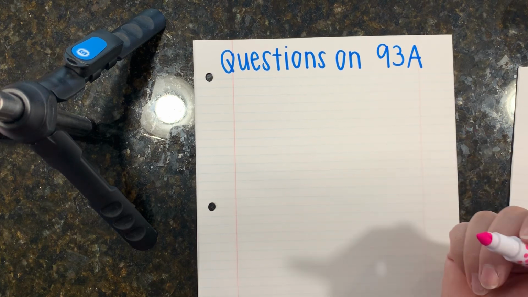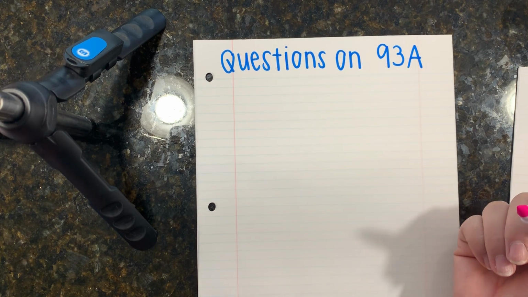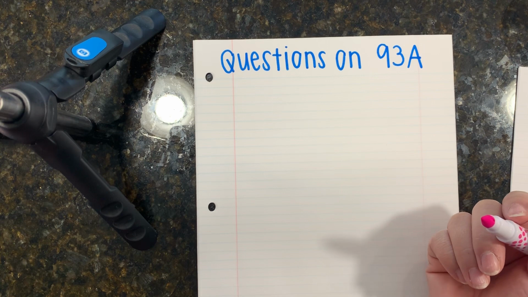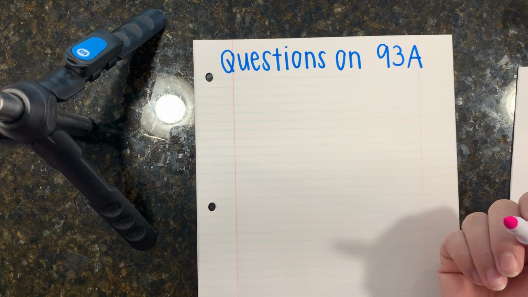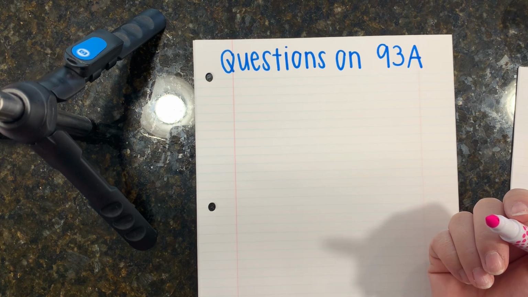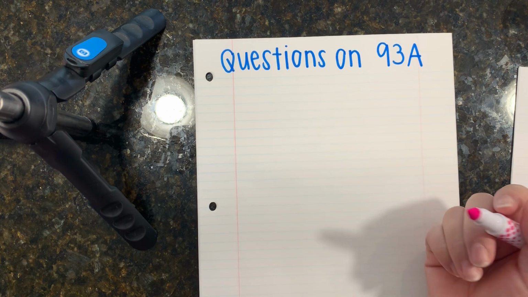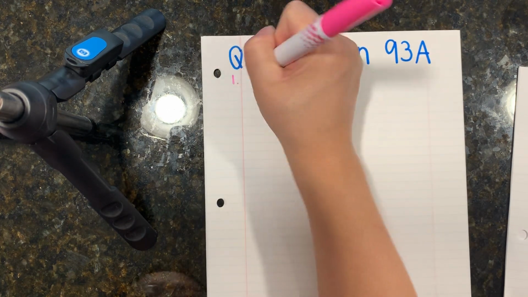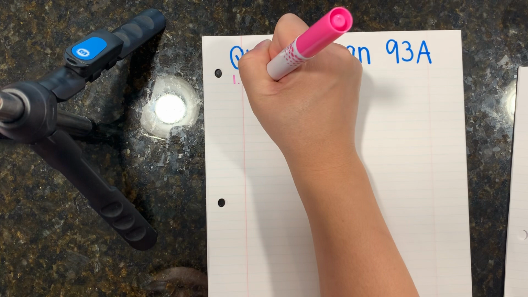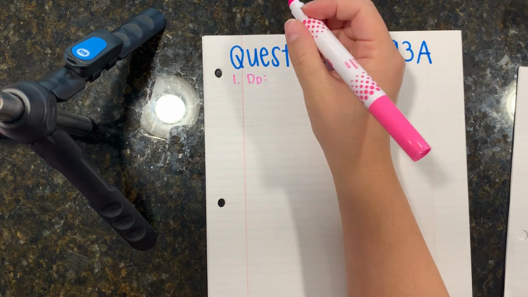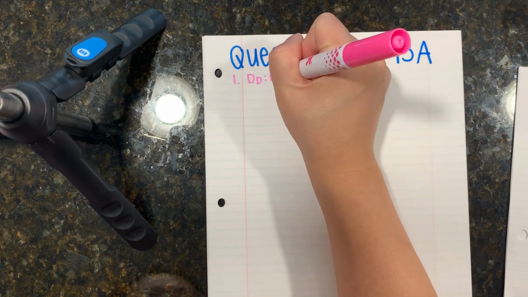So Robert E. Lee is the speed of the boat, and then the Old Muddy is just the water or the current. So it says that the Robert E. Lee could go 45 miles down the stream. So my first piece of information is going to be the distance down the stream is going to be 45 miles.